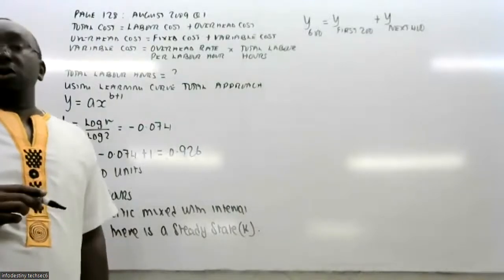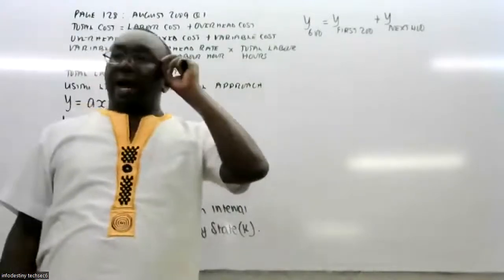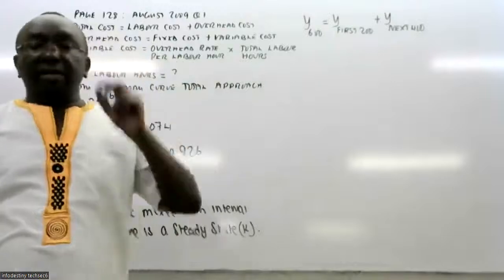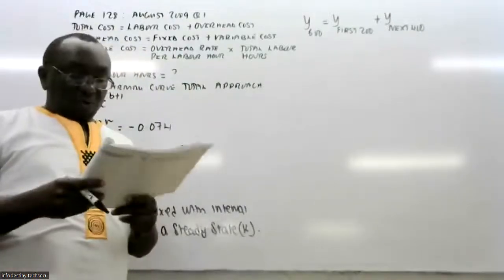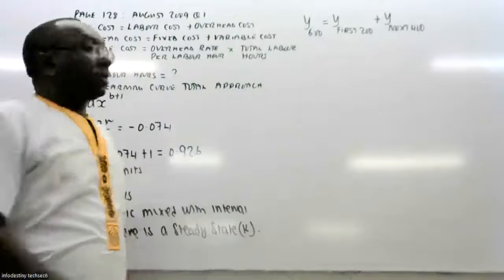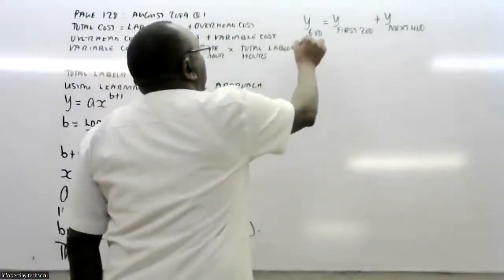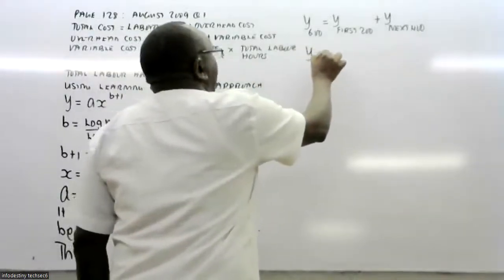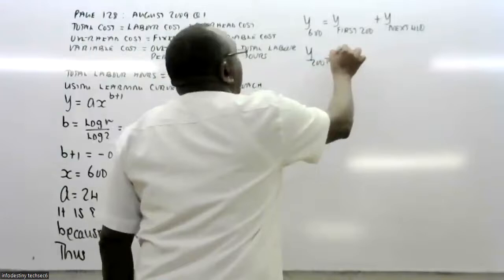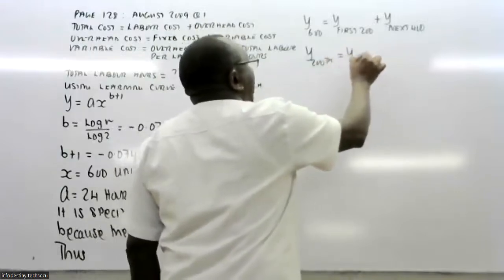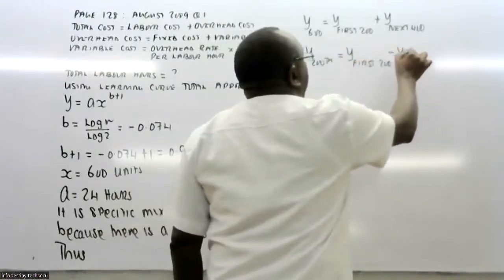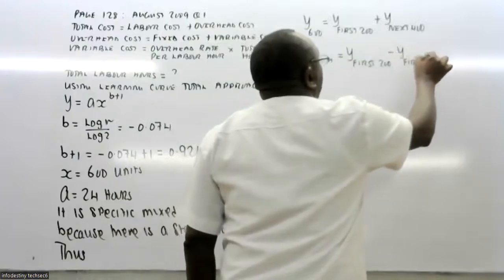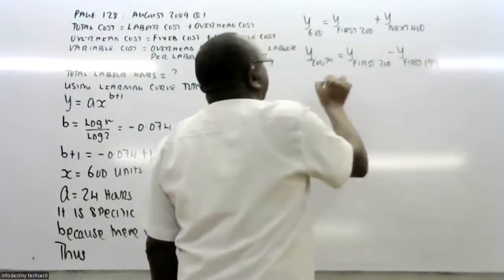So we need to know what is the time for the 200th unit. Y for the 200th will be Y for the first 200 minus Y for the first 199.